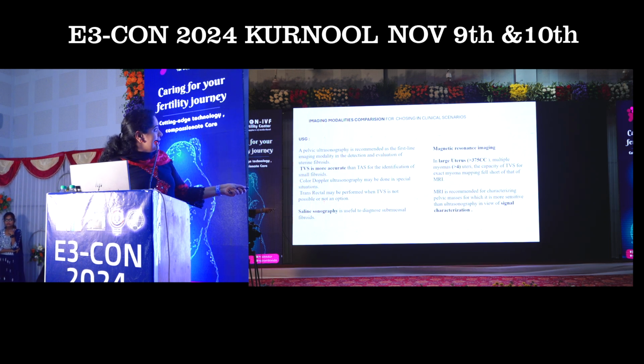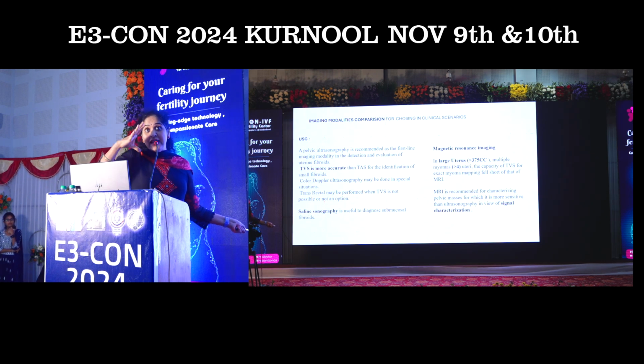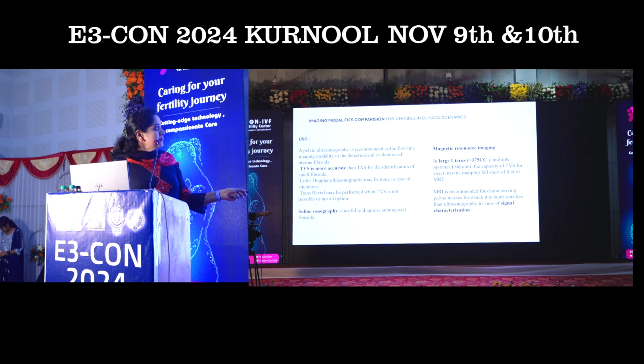Color Doppler can be done in special cases. Saline sonography is used to diagnose submucosal fibroids, sometimes to distend the cavity and define extent exactly between FIGO 0, 1 and 2. Now the role of MRI is in a large uterus. As we said, the limitation of ultrasound is the machine's small field of view.